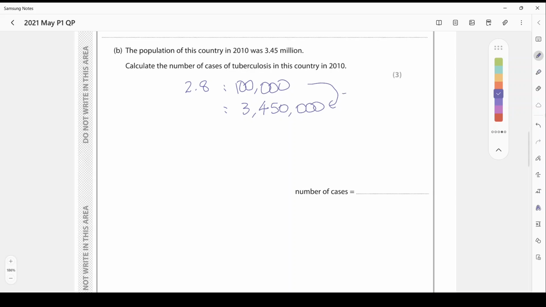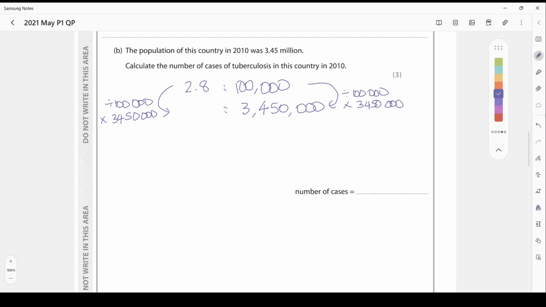So for this, we can divide it by 100,000 times by 3.45 million, and then we do the same on the other hand. We would also divide that by 100,000 and then times it by 3,450,000. So let me write that in the calculator.